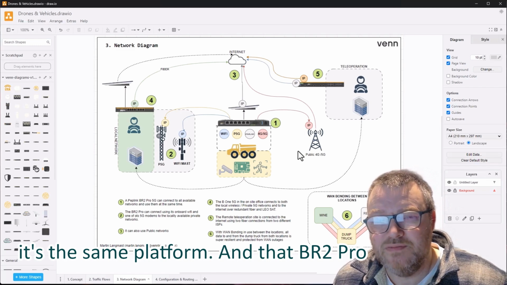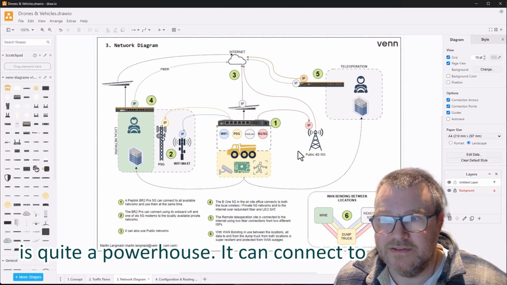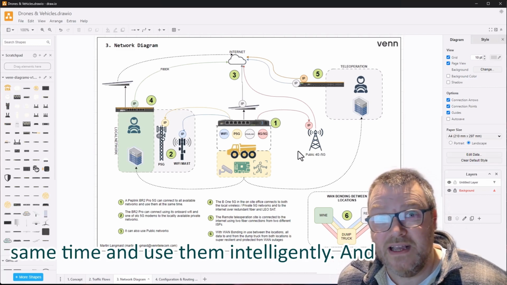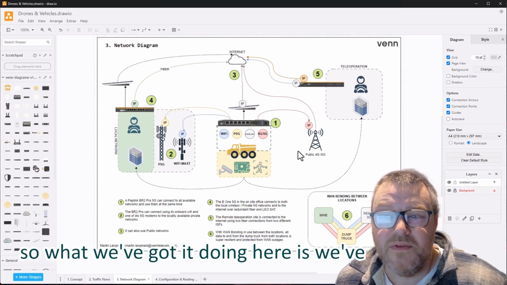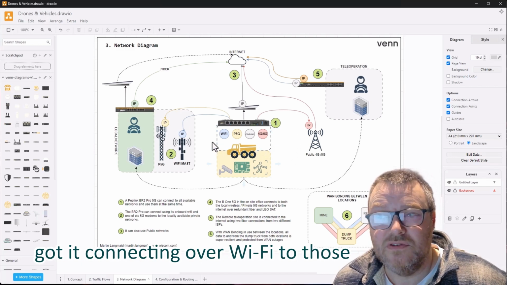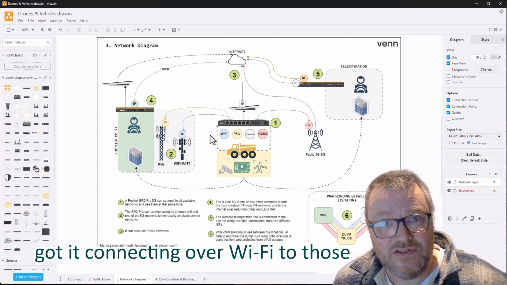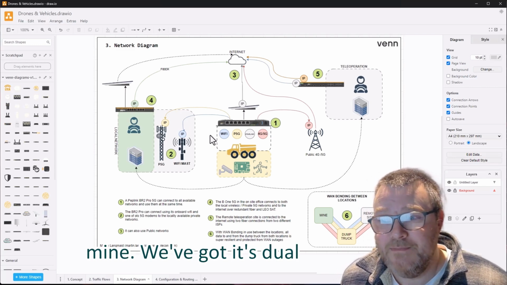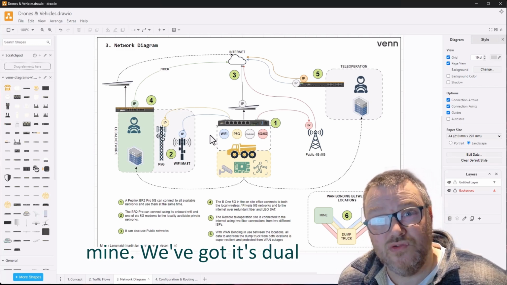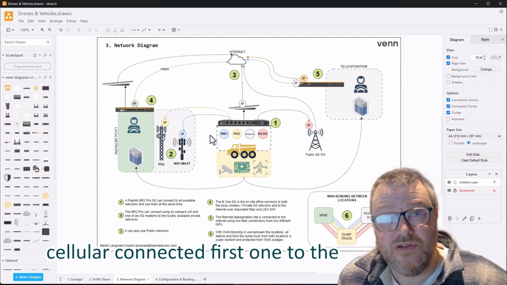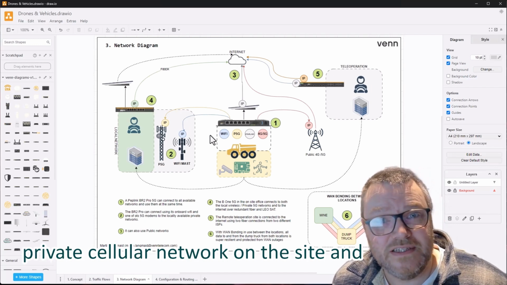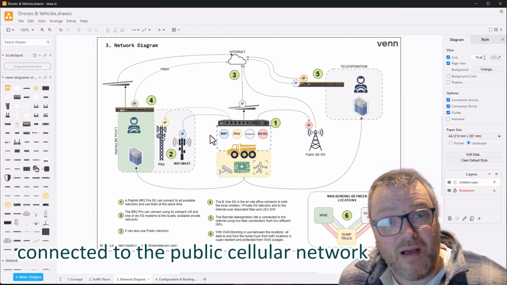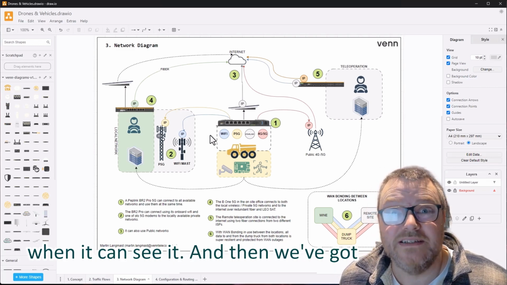And that BR2 Pro is quite a powerhouse. It can connect to lots of different network sources at the same time and use them intelligently. And so what we've got it doing here is connecting over Wi-Fi to those Wi-Fi APs that are around the mine. We've got it dual cellular connected, the first one to the private cellular network on the site, and the second cellular is available to be connected to the public cellular network when it can see it.